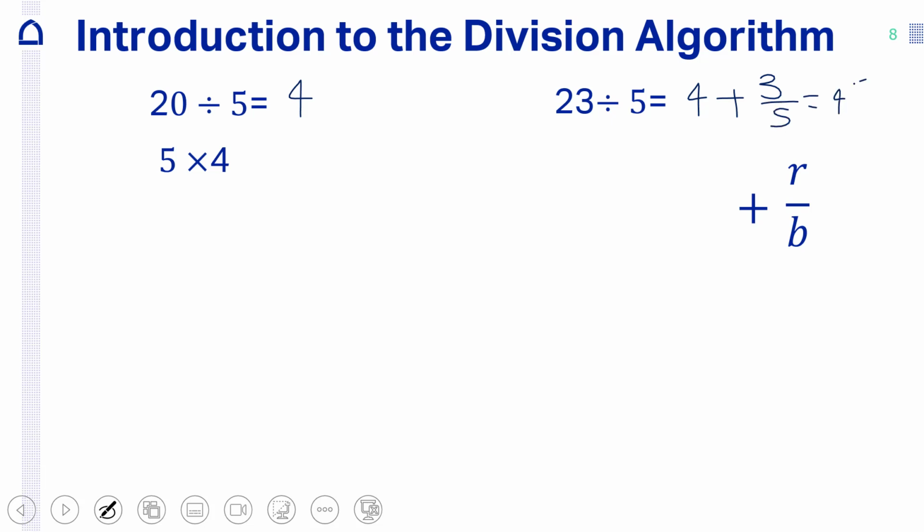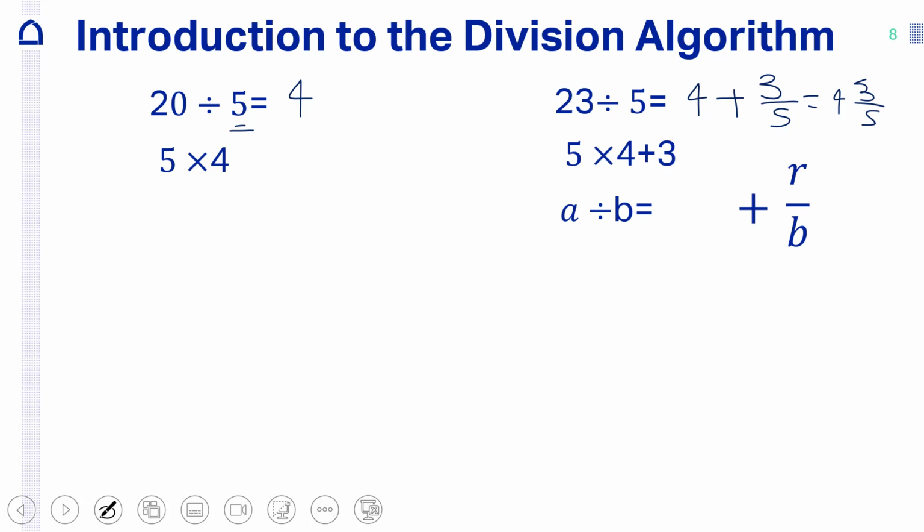Sometimes people write it like that. In this case, 5 is a factor of 20, so you have no remainder. But here, 5 is not a factor of 23, so you have a remainder.